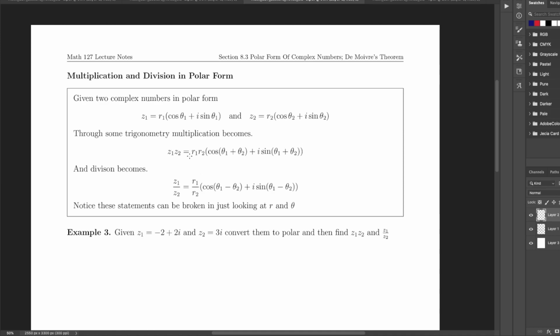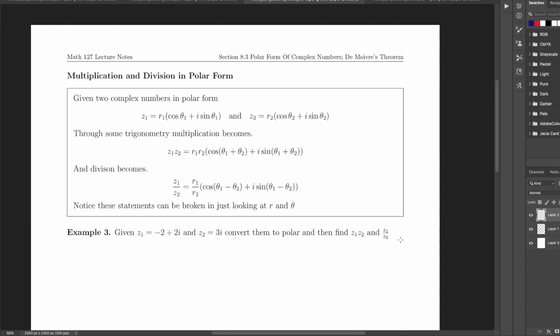And if I divide them, it's just dividing the radii and subtracting the angles. So it makes it real easy to do multiplication and division. So let's just crunch through a couple of those. Alright, so let's just do 1. So here we have 1.